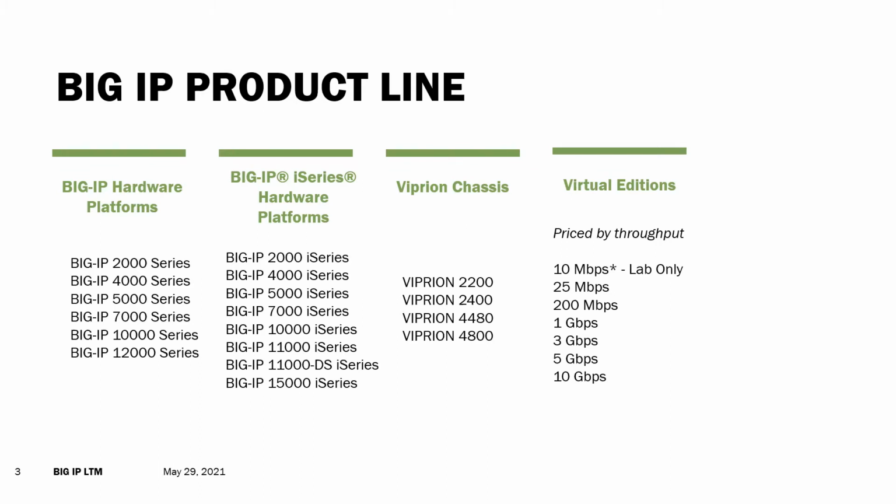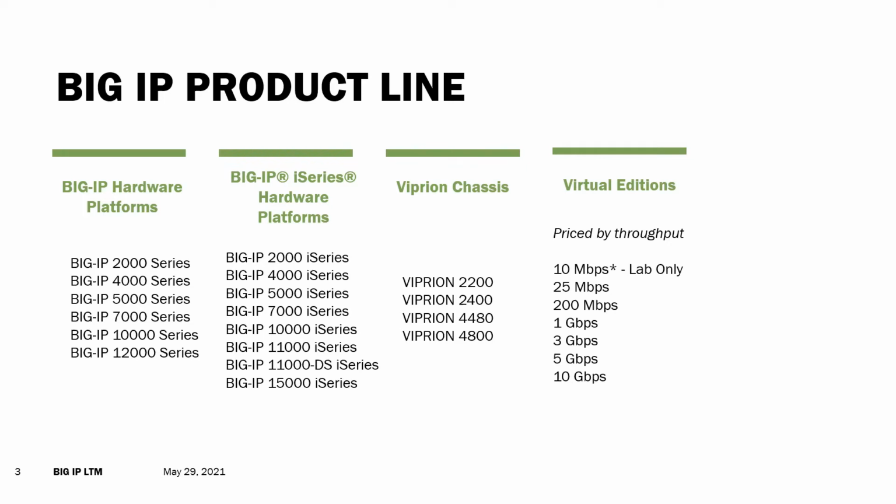That's a lab edition only, because you don't run heavy things on the lab environment. This suffices for a lab environment, and it goes up to 10 Gbps. So it's all license based. You just explain your requirement to your BigIP sales representative, and they can suggest you the best VM, and they can price it accordingly.